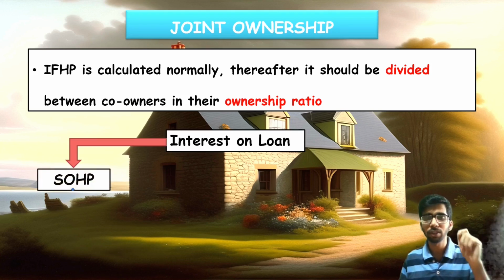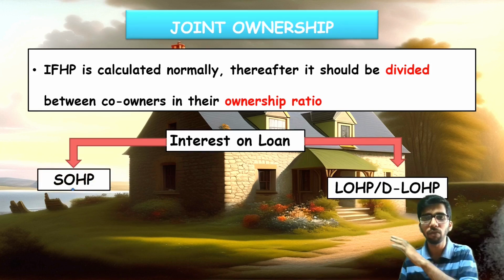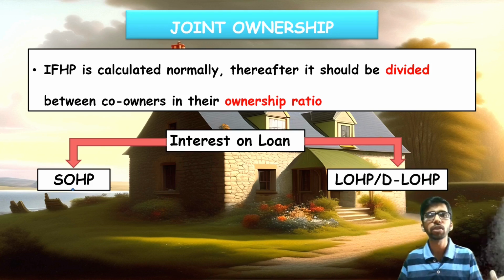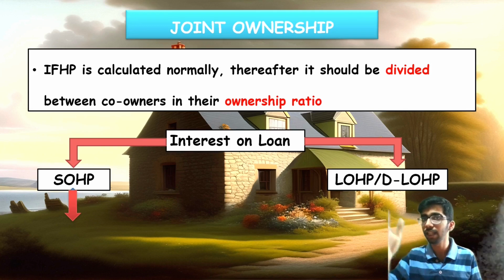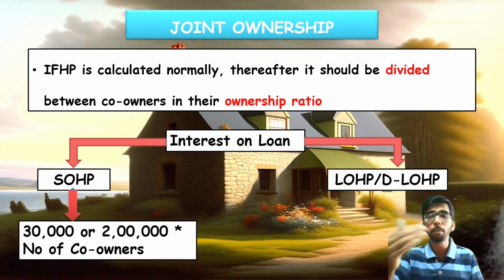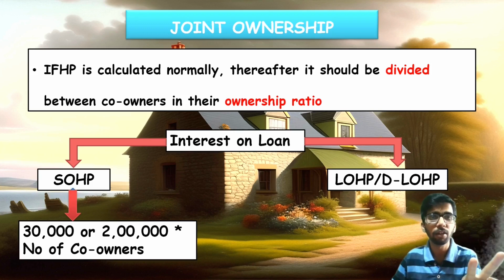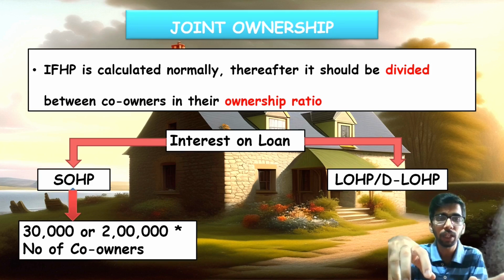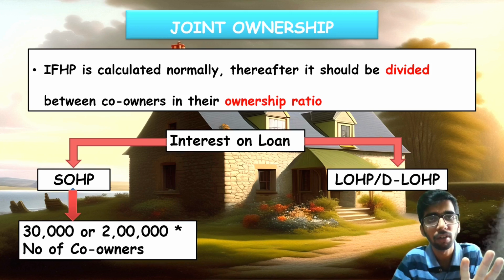In case of self-occupied house property, or in case of let-out house property. In case of self-occupied property, the limit is 30,000 or 2 lakh as the case may be, into the number of co-owners. Let's say 2 lakh is the limit. If the registered owners of your house property are 2 persons, let's say co-owners, then 2 lakh into 2, that is 4 lakh will be the benefit.